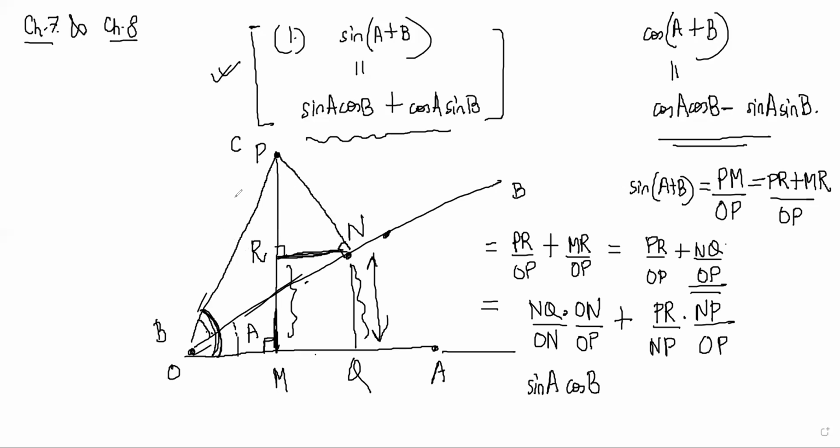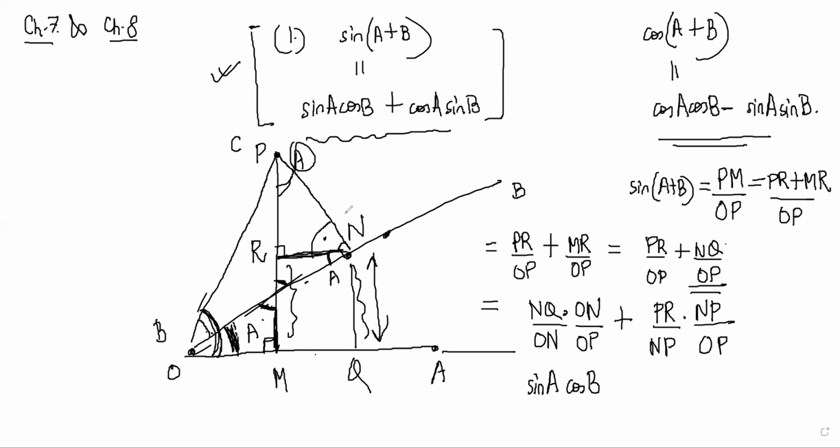Now our job is to basically find out what this angle is. So if this angle is A, then this is 90 minus A, right? So this is 90 minus A. So this is A. So now look at PR by NP then. So it is cos A, right?